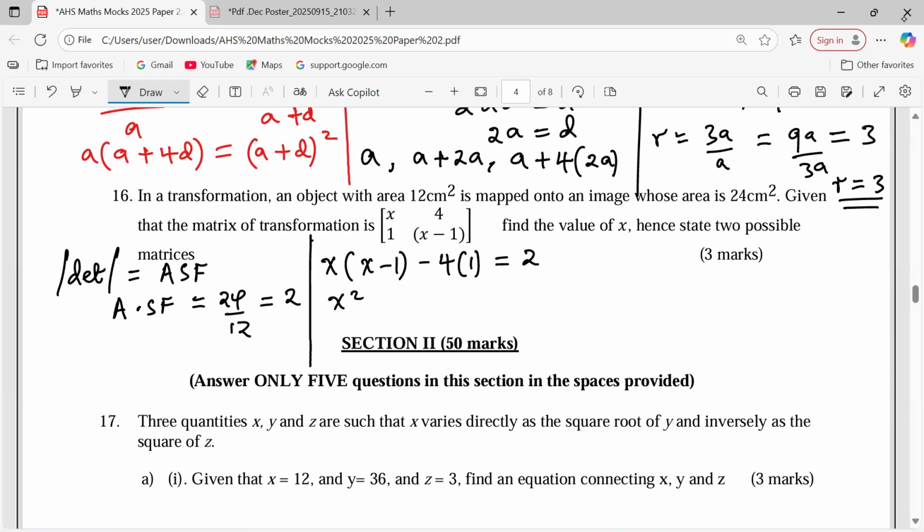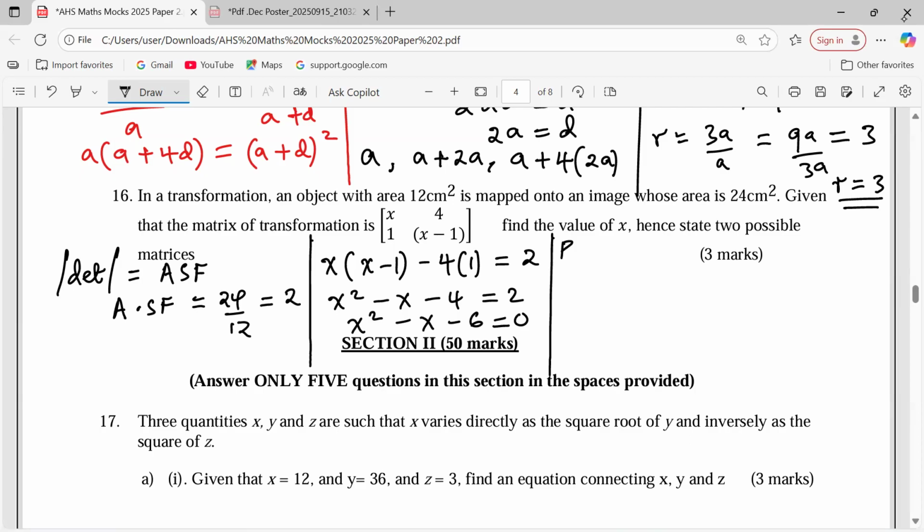This is x squared minus x minus 4 equals 2. We can rearrange to have x squared minus x minus 6 equals 0. Then now we solve it to get 2 possible values of x.